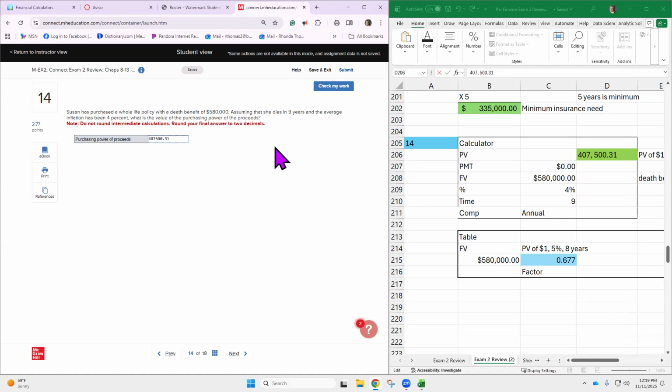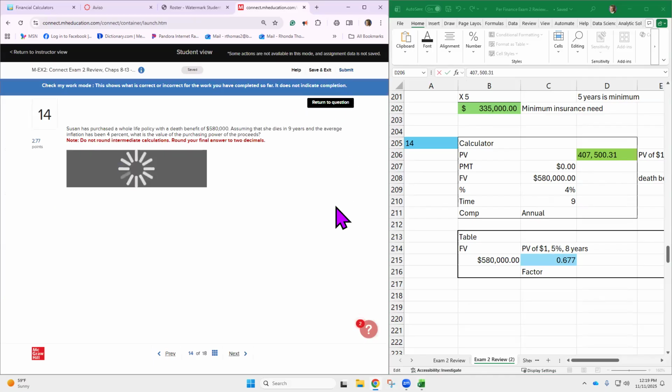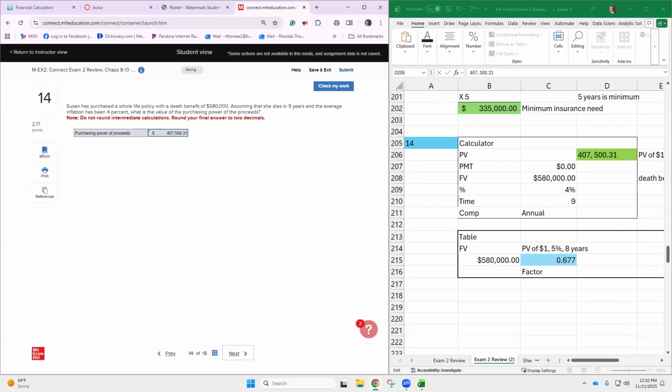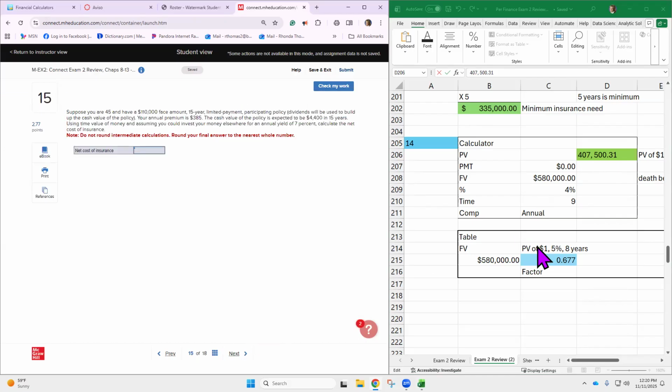Does everybody see that? I'd like to be able to spend $580,000, but because it's 9 years into the future, it'll only buy about $407,000 worth of whatever you're going to spend it on. Finding the present value.